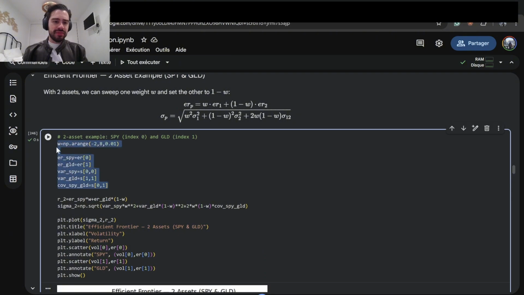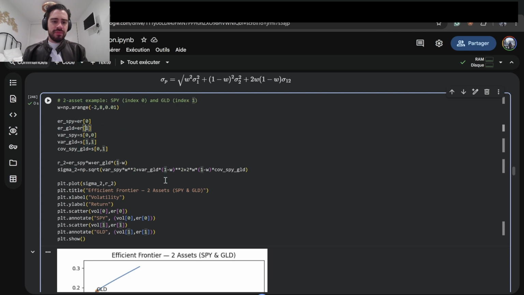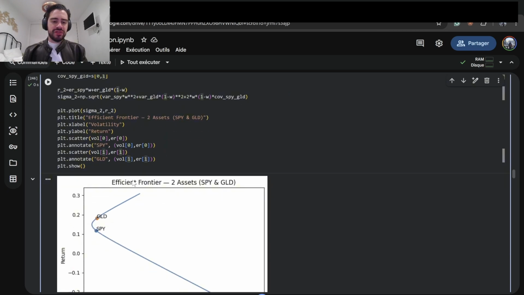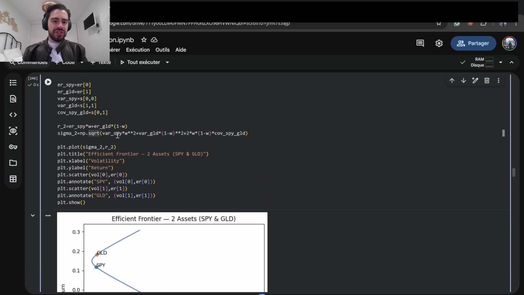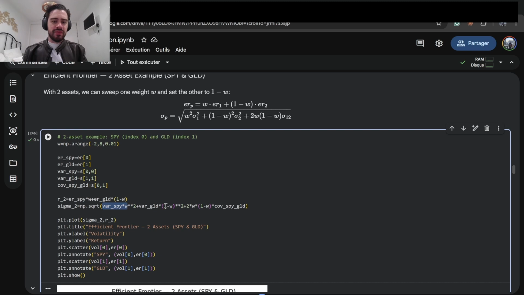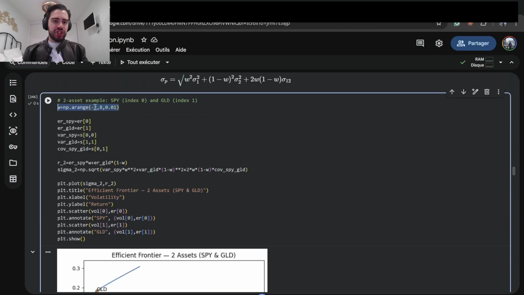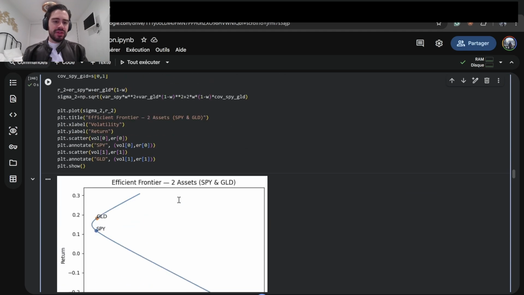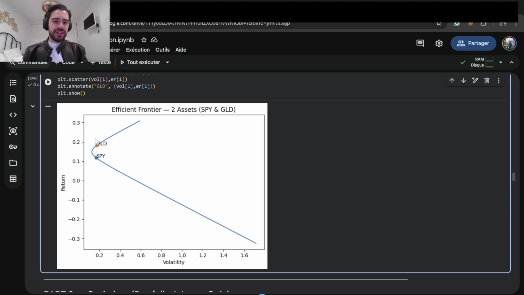Here I selected all the data of SPY and gold and plotted it on an efficient frontier, which is basically the weight of asset 1 and 1 minus the weight of asset 2, following this formula. So I get the returns and the weights, and I generate this array of all weights, and for each different weight you have the return and the volatility for each asset class.